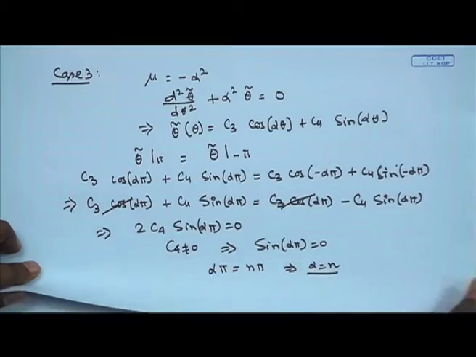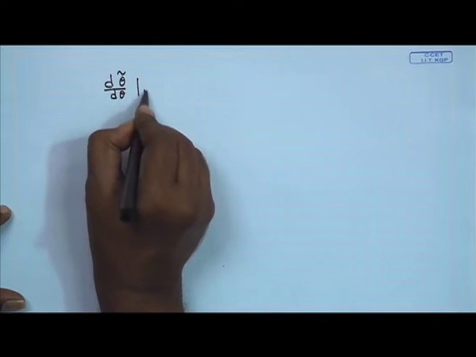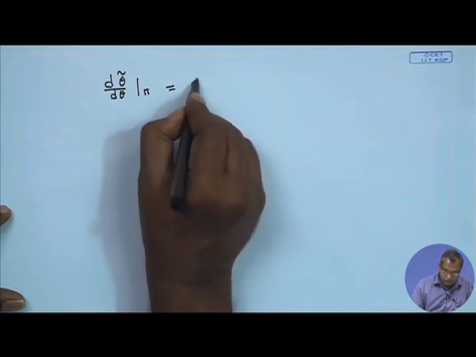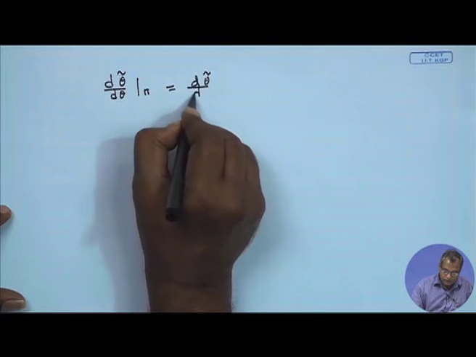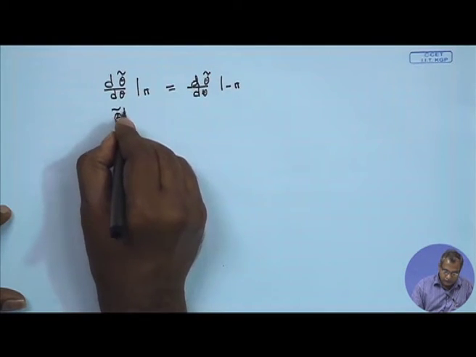If you use the other boundary condition, that is d theta hat by d theta at pi is equal to d theta hat by d theta at minus pi. So let us first evaluate theta hat.